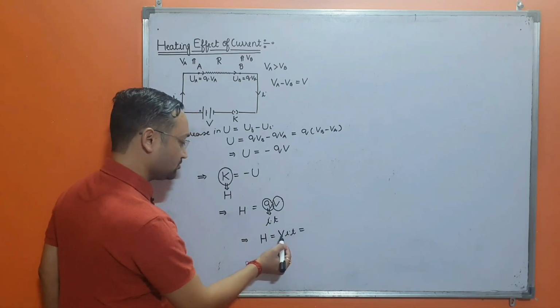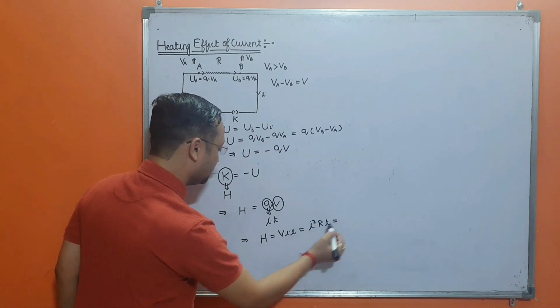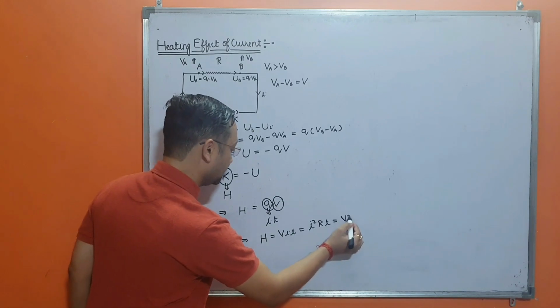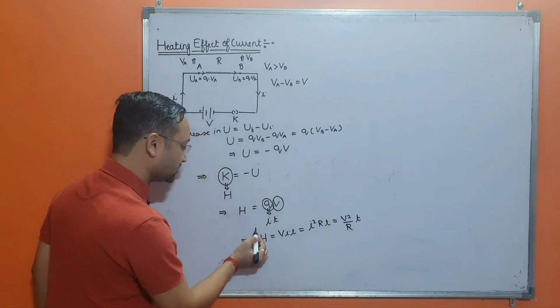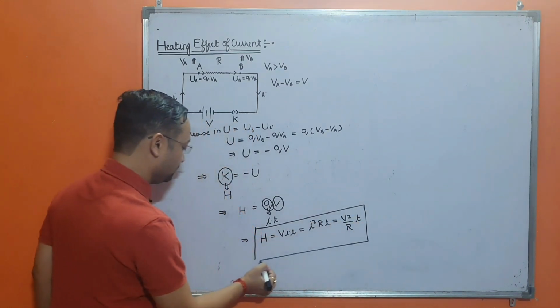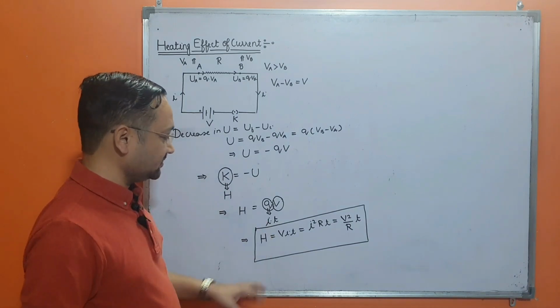If we put V equal to IR, it will be I square R into T. If we put I equal to V by R, then it will be written as V square by R into T. So this is the expression of the amount of heat when the current is flowing for time T in the circuit.